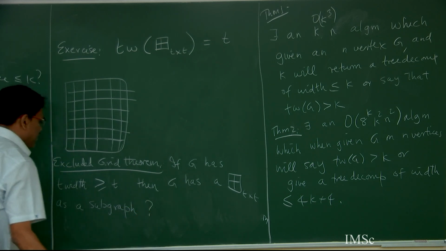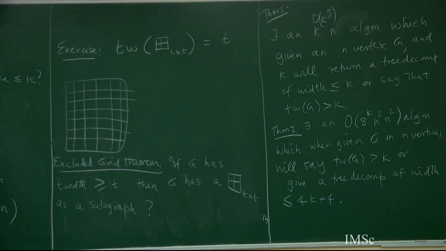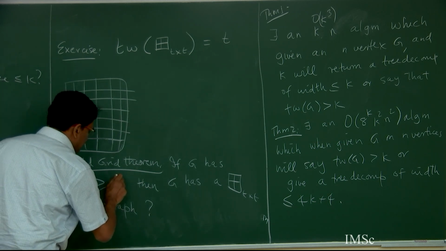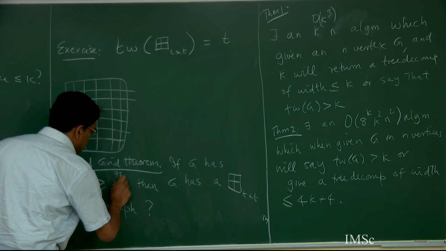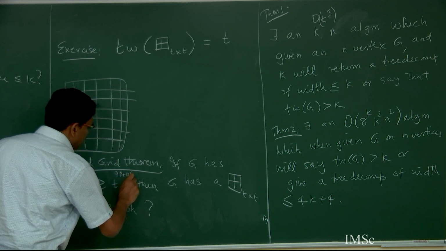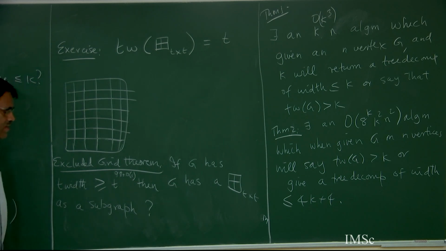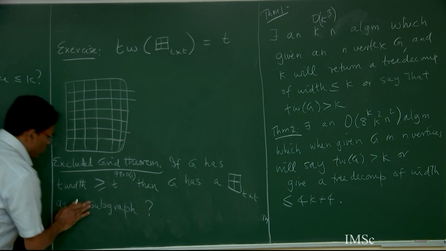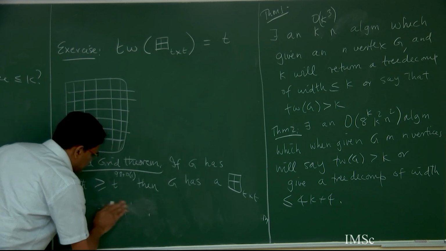Well, we can't really say this. We would like to say this, but what we can say is, if G has treewidth greater than, I think the current number is some t to the power 98 plus little o(1), then G has that grid not as a subgraph but as a minor.